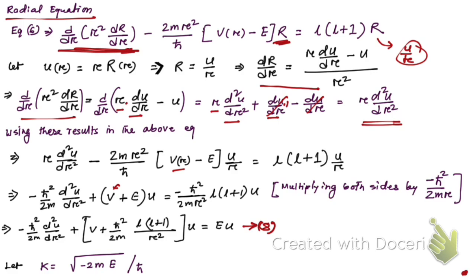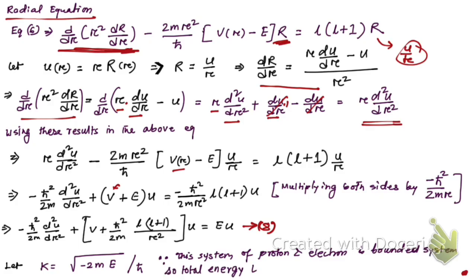Remember that for the time being, because in this system we have negative potential energy, and for a bound system potential energy is more than kinetic energy, so that's why total energy will be negative, so that k remains a real number.